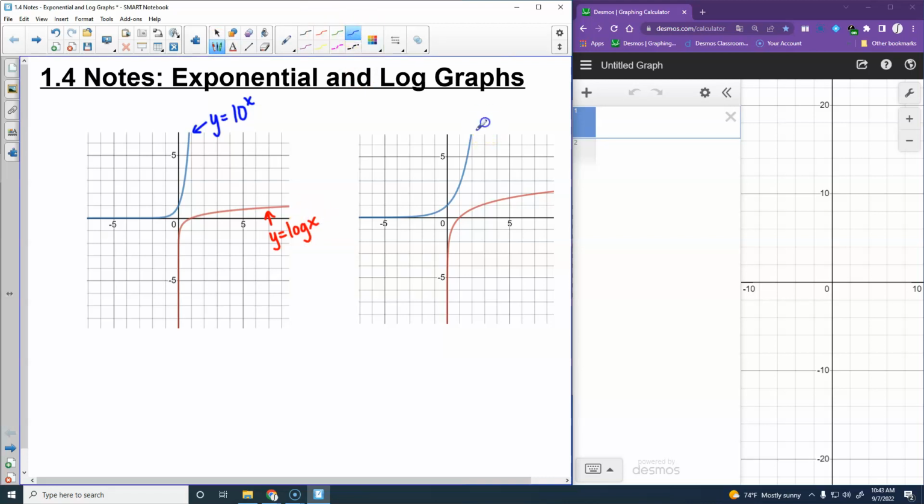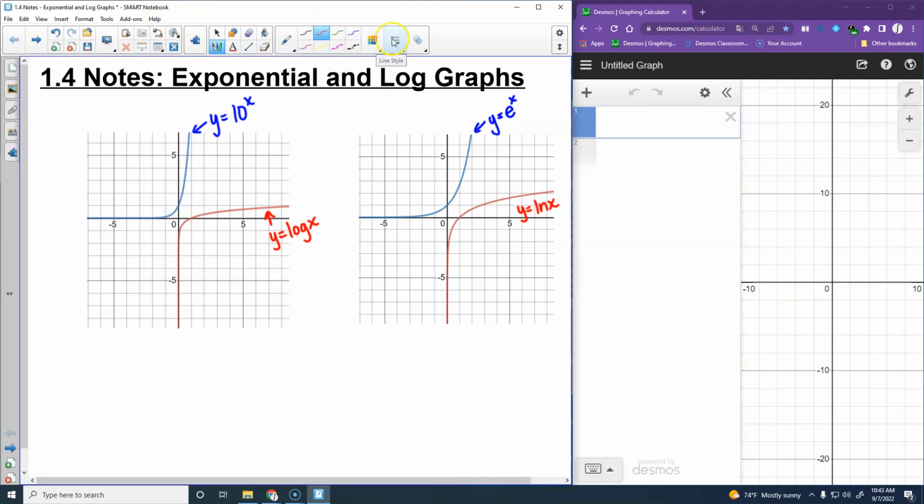Over here, this is y equals e to the x power. And this graph is y equals natural log of x. I've graphed these together to show you some of the properties of exponentials and logs. Exponentials and logs are inverses of each other.